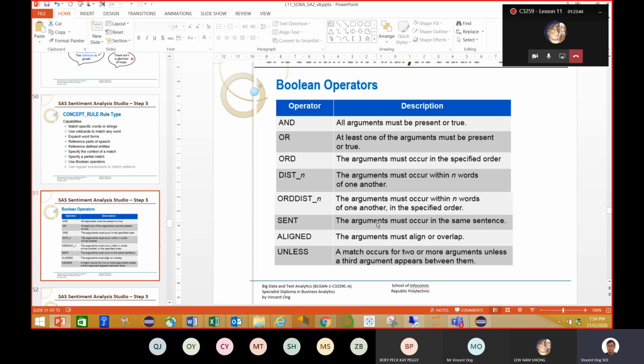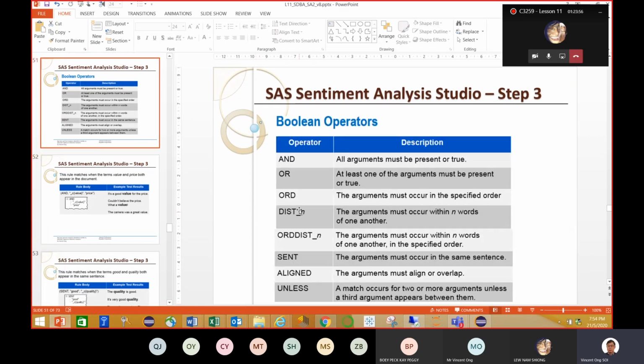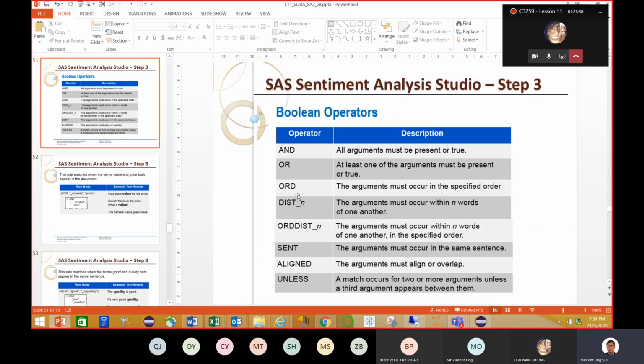So we can also define rules and then combine the rules with either an AND condition or an OR condition. We can also define the distance, and the N here stands for the number of words from one another.